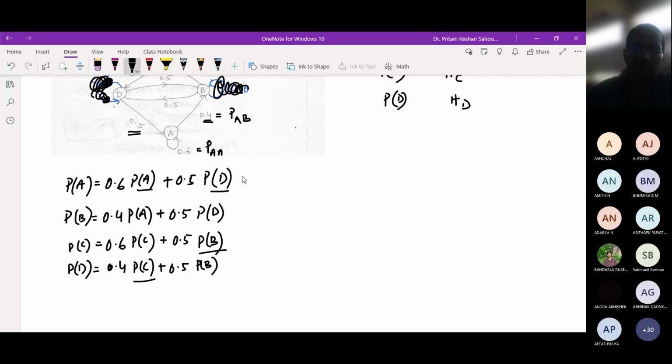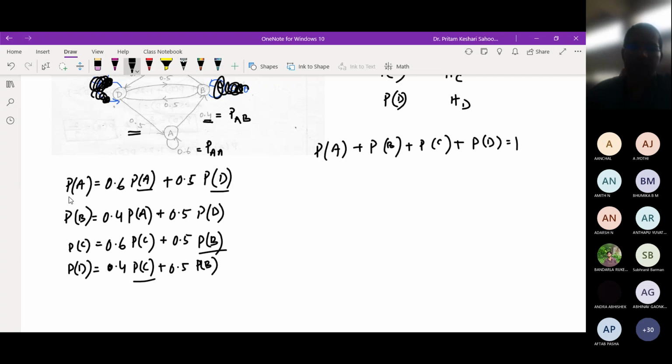Okay, so from these equations, you can make one more equation. What is that equation? We know that the sum of all probabilities is equal to 1. So P of A plus P of B plus P of C plus P of D equals 1.